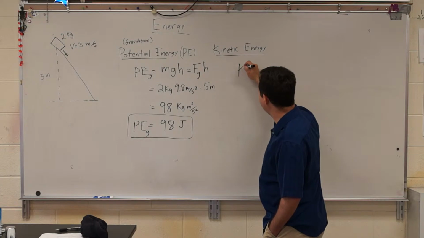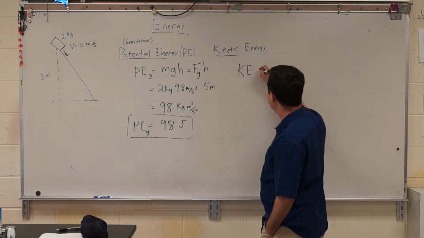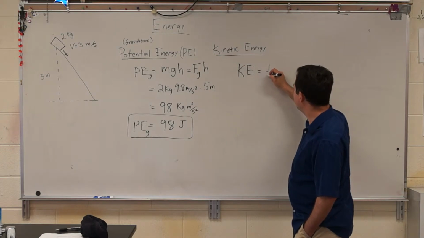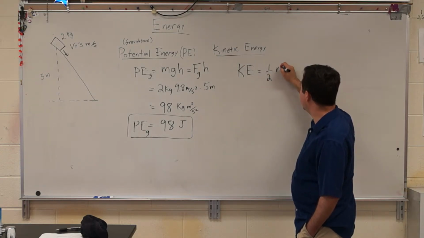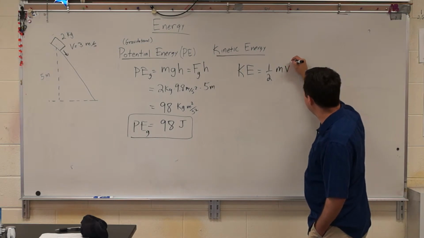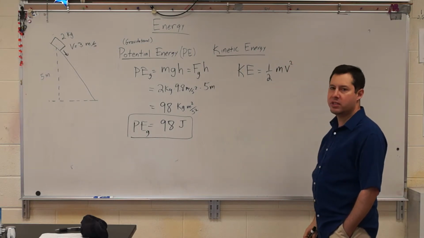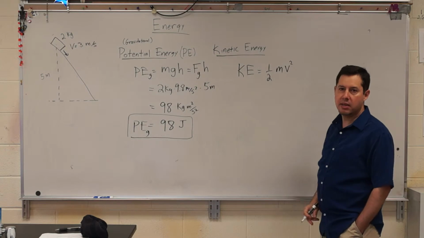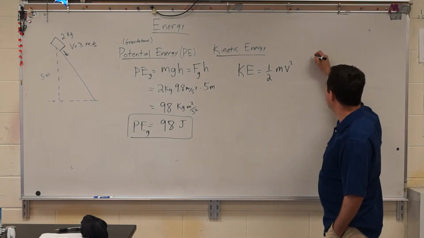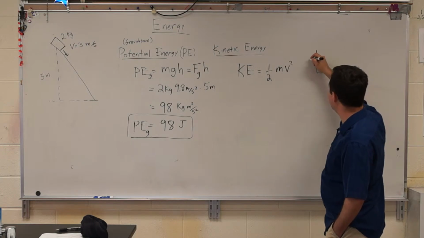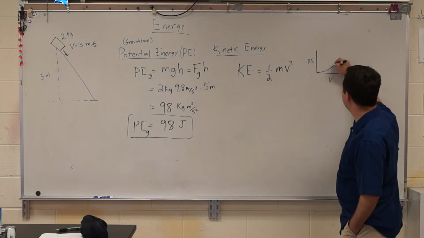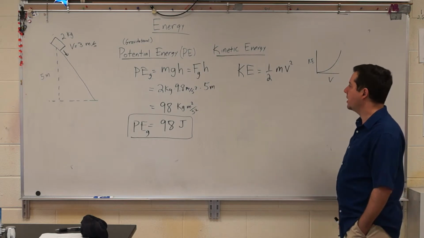So the kinetic energy of an object depends on a couple of factors, the first of which is the object's mass, and the second is the object's velocity, 1/2 mv squared. Now note that velocity is squared. This is an exponential relationship. So if you were to graph kinetic energy versus velocity, you'd end up getting a curve like that.